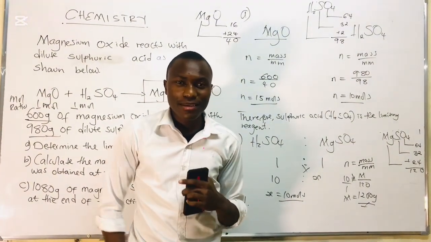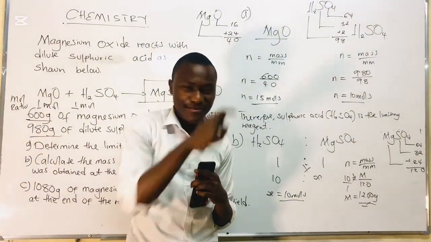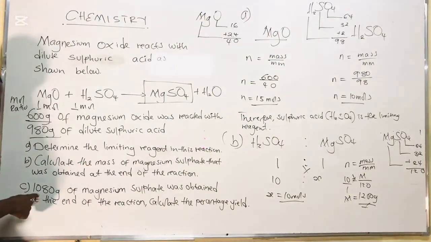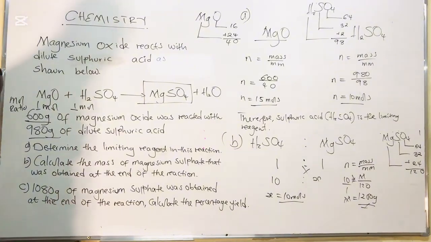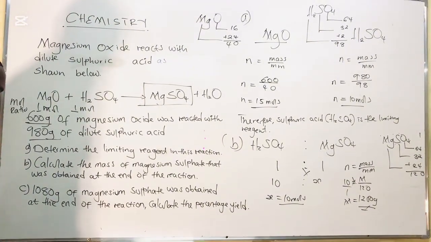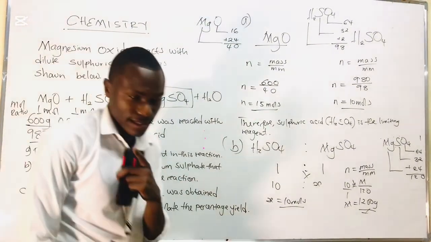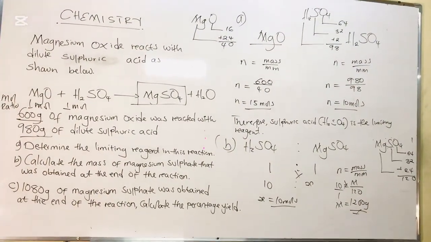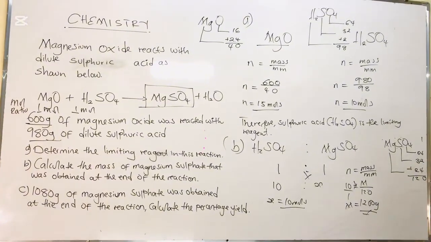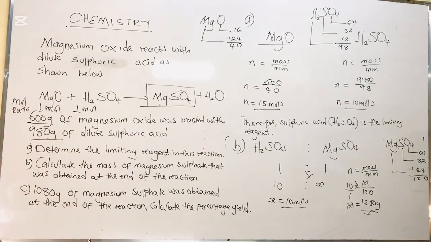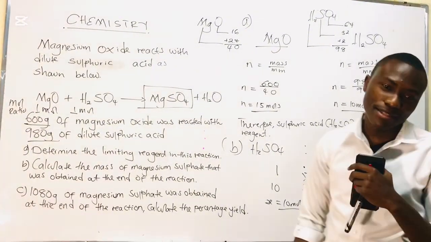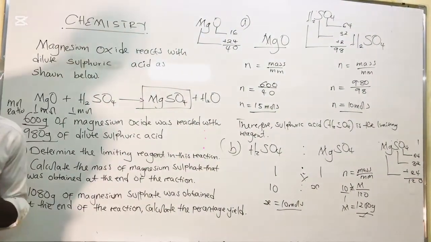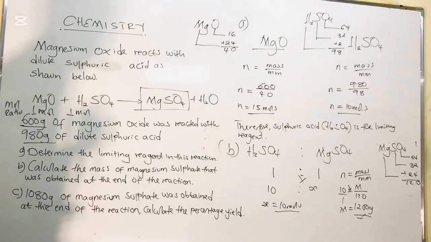Am I making sense? Yeah, so if I'm making sense, follow. Now, the last question says 1,080 grams of magnesium sulfate was obtained at the end of the reaction. All right? Now, you must listen on this one. So they are saying 1,080 grams of magnesium sulfate was obtained at the end of the reaction. Calculate the percentage yield. Now, how do we calculate the percentage yield? So what is the formula for percentage yield?